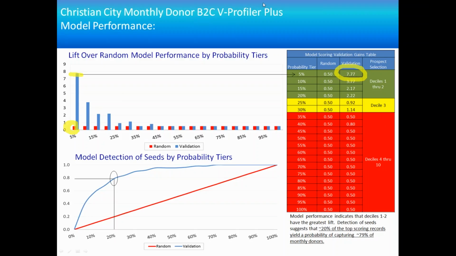That tells us that if we target these 15,000 highest scoring prospects with our customer acquisition advertising message, they are 7.7 times or 7.8 times more likely than average, rounding up to 7.8, to become a customer of the bowling center. Now, that doesn't mean that we get a 780% lift in response performance, where we were doing direct mail marketing and we got a 2% rate. Now we're looking to get a 16% rate.